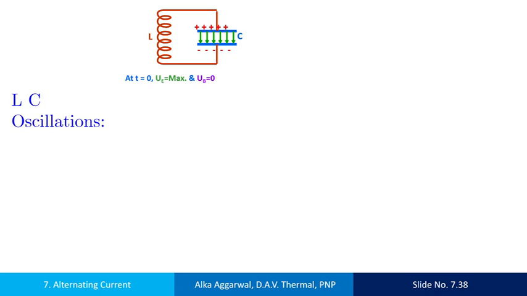Let Q be the initial charge in the capacitor, which is fully charged, and the electrical energy stored in the capacitor at this point is equal to 1 by 2 Q square upon C. The energy stored in the capacitor is fully electrical energy, and the energy stored in the inductor is magnetic energy. When the capacitor is charged, no current is flowing in the circuit, so the whole of the energy is stored in the capacitor, the electrical energy is maximum and the magnetic energy is 0.